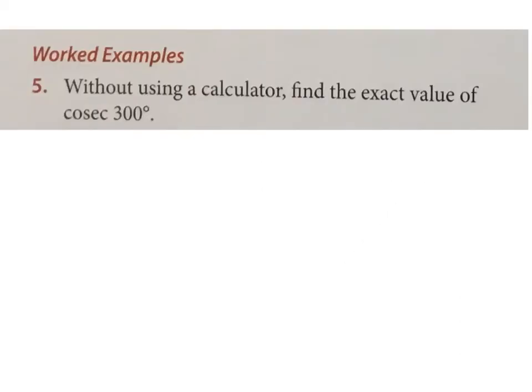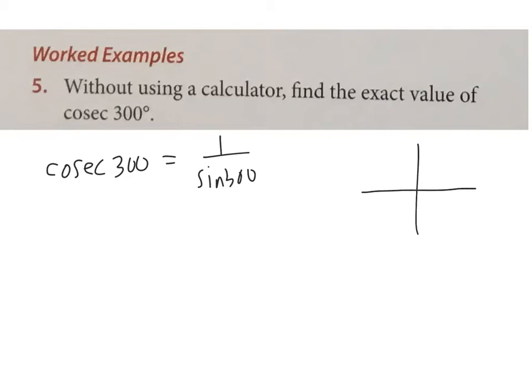Example 5. Without using a calculator, find the exact value of cosec 300. Well, cosec 300 is 1 over sine 300. And then we need to study 300 degrees. If you take here to be 0, and you rotate 300 degrees, you get here. And that makes the acute angle 60 degrees.